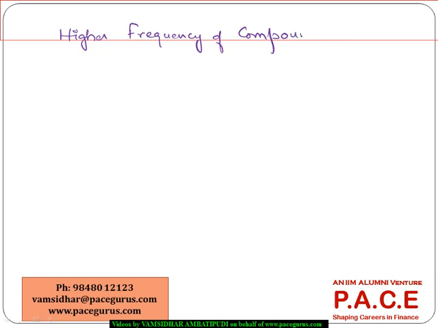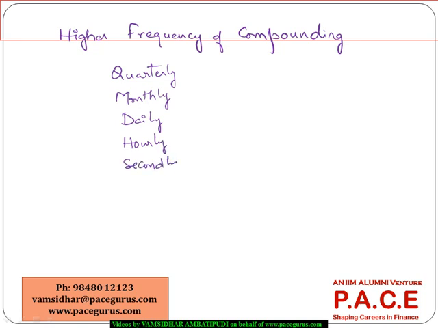For example, right now we talked about compounding quarterly, compounding monthly. Now I can take it to even such an extent, compounding daily, compounding hourly, compounding secondly, millisecondly, and that is where I talk about almost a continuous compounding.